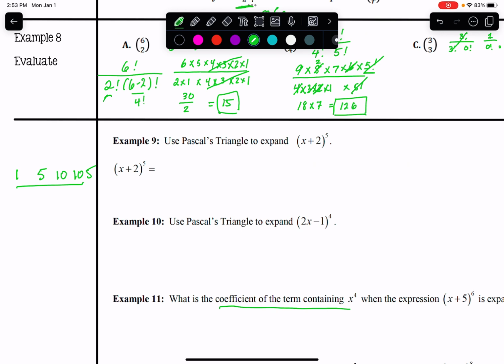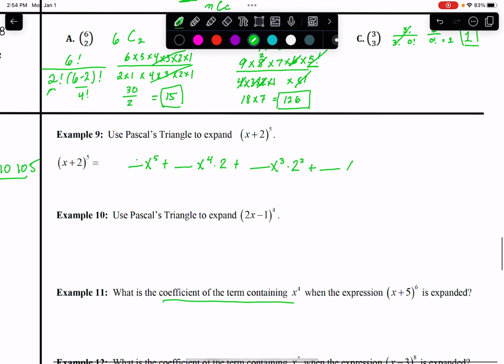So I'm going to start with x to the 5th plus a coefficient x to the 4th times 2 plus a coefficient x cubed times 2 squared plus a coefficient x squared times 2 cubed plus a coefficient x times 2 to the 4th plus a coefficient 2 to the 5th.